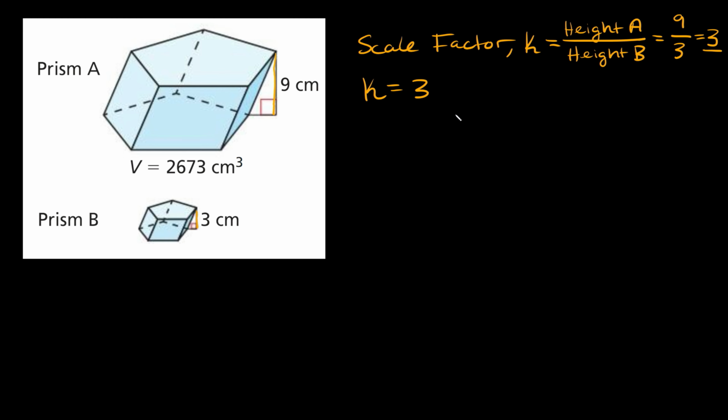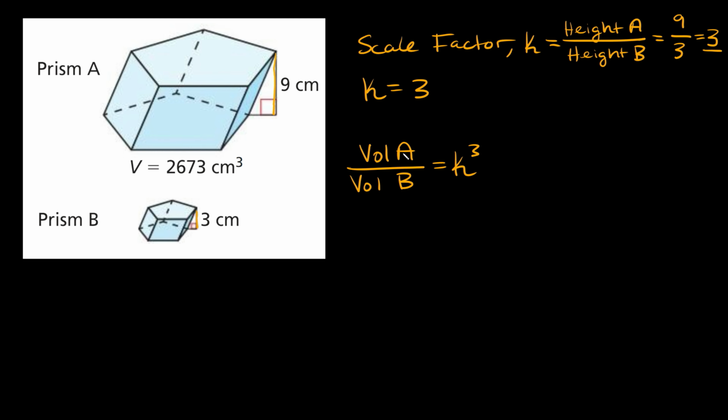Okay, great. So now that we found our scale factor, we can again compare the volumes. So on top, we're going to say the volume of prism A over the volume of prism B. And again, I have A on top and B on the bottom. Okay, and again, we're going to set this equal to k cubed. So that's our formula. So let's just fill in what we know.